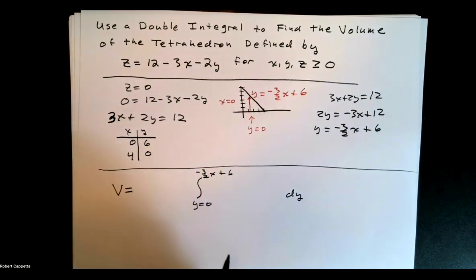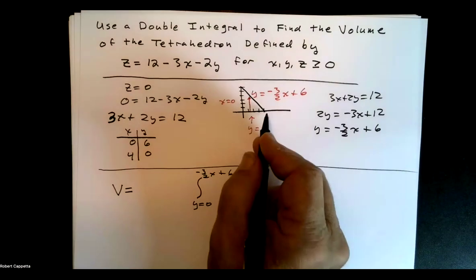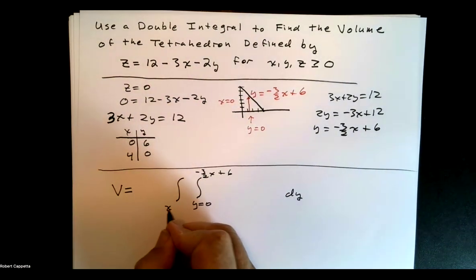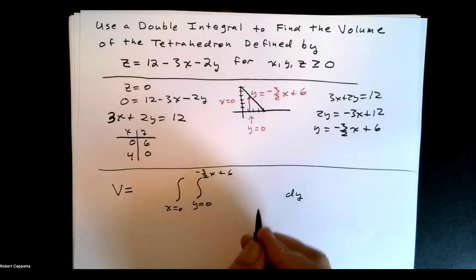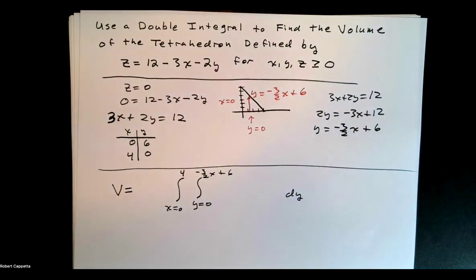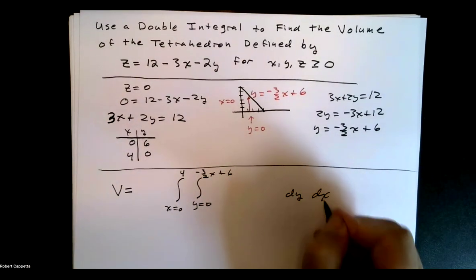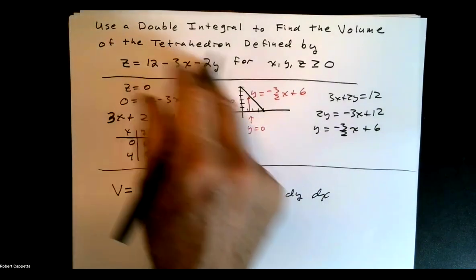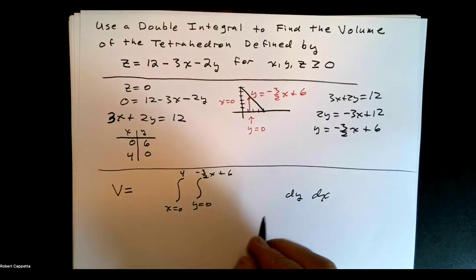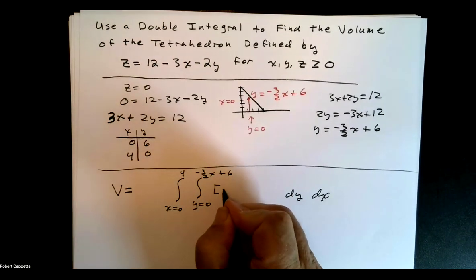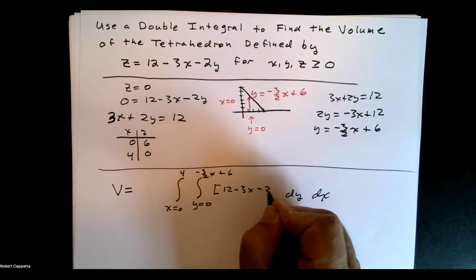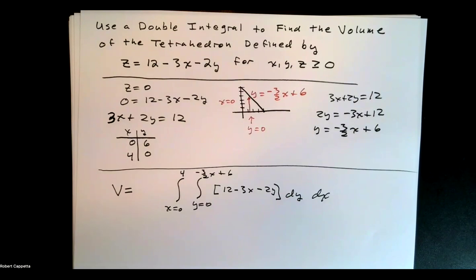The lowest x value I see is 0, and the highest x value I see is 4, that point being 4, 0. So that has to be a dx on the backside. And the function I'm integrating is the plane that is constructing that tetrahedron, 12 minus 3x minus 2y, over that region. That will give us the volume of the tetrahedron.